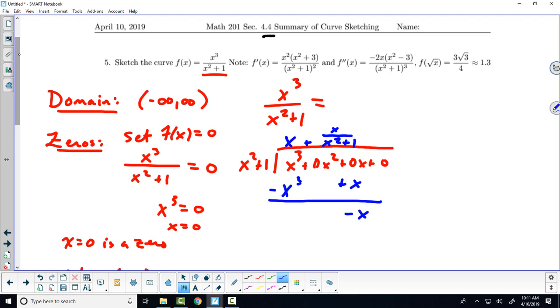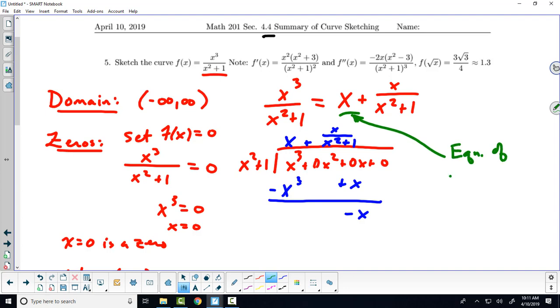So that means that our original function could be rewritten as x plus x over x squared plus 1. Whenever you can do that for these polynomial functions, it will be the equation of the oblique asymptote. Sometimes it's called a slant asymptote.